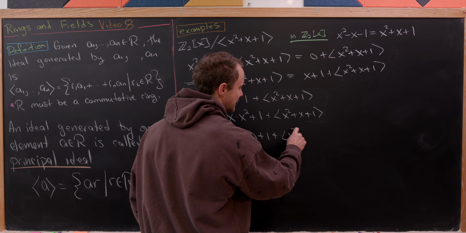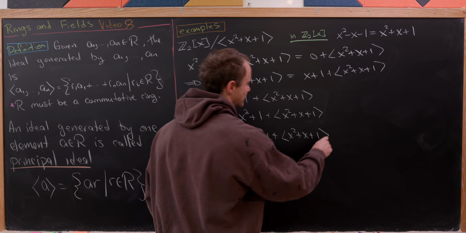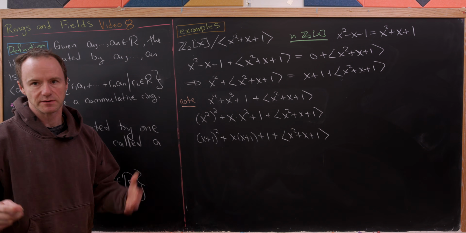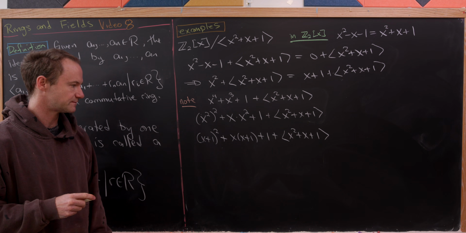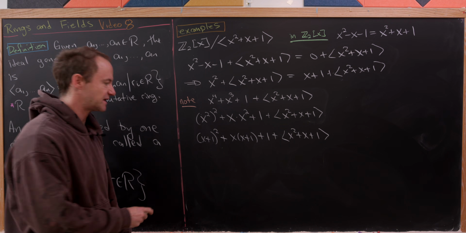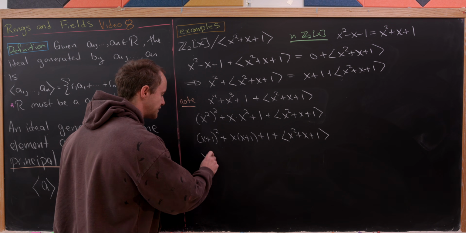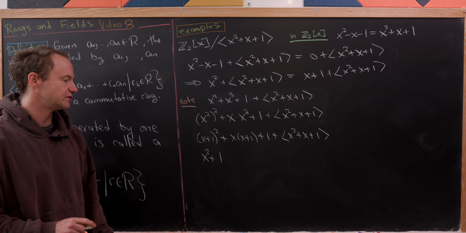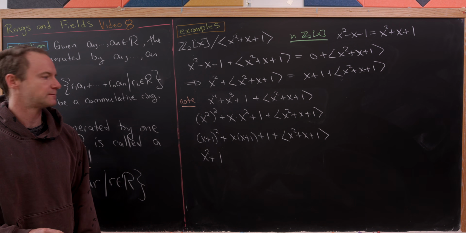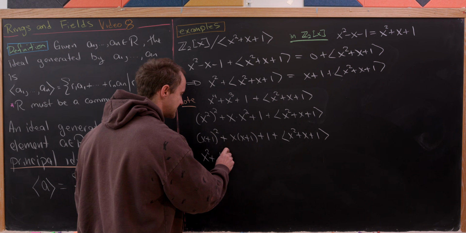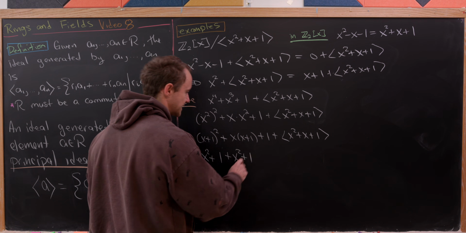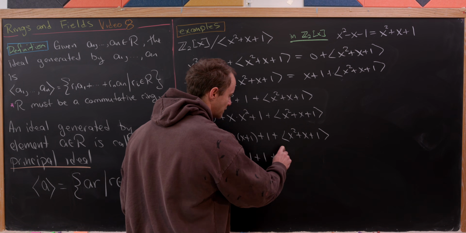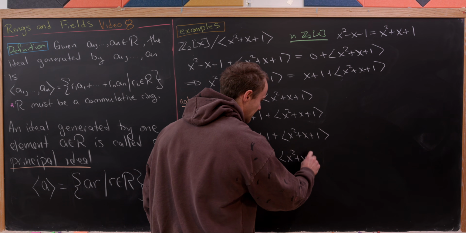Then, of course, we're inside of this quotient ring, so I need plus the ideal because this is really just a coset. But now if I square this x plus 1, I'm going to get x squared plus 2x plus 1, but 2x is 0 inside of Z2, so that's just x squared plus 1. And then if I multiply this out, I'm going to get another x squared plus 1, and then I've got this plus 1 hanging on until the end.